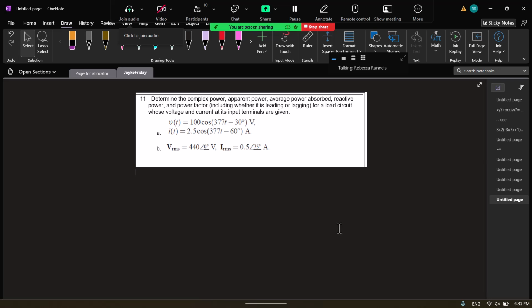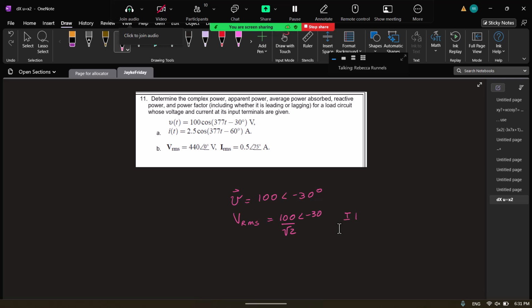Okay, so first of all, for A, do we have RMS or peak? What is our voltage as a phasor? 100 angle negative 30. And is that RMS? That's not RMS. So VRMS would be 100 angle negative 30 divided by the square root of 2.